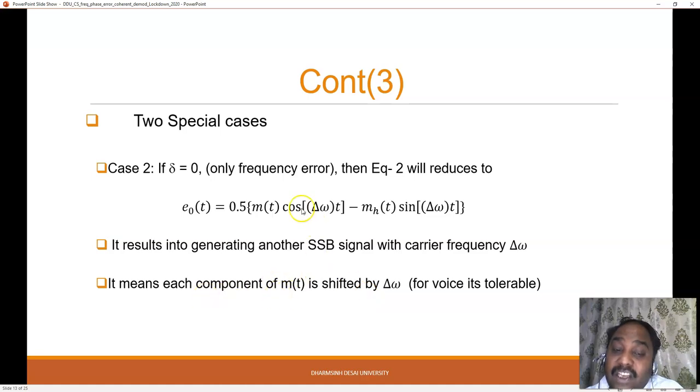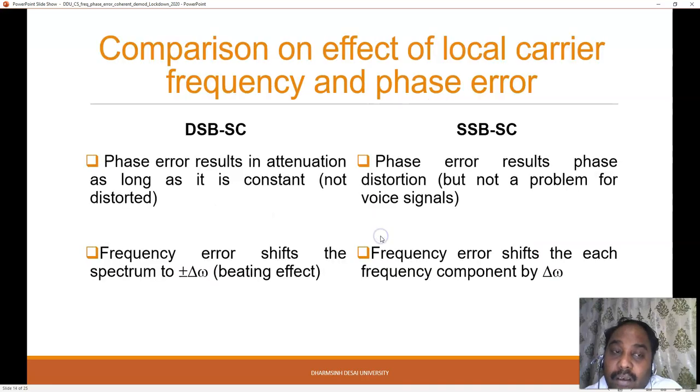So it means that each component of m of t is shifted by delta omega. For voice it is tolerable, because you can use a filter and there is a gap up to 300 Hz. Even if you compress, there is not a problem. So if you compare DSB-SC and SSB-SC with reference to frequency and phase errors, phase error in DSB-SC basically results in attenuation, provided that your phase error is constant, so it is not a form of distortion.